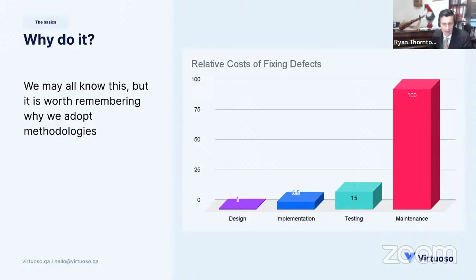It's from IBM. I'm sure many of you have seen it, probably from people trying to sell you testing tools to show you the ROI on why that tool is fantastic. But simply, it's a lot cheaper to find bugs early.